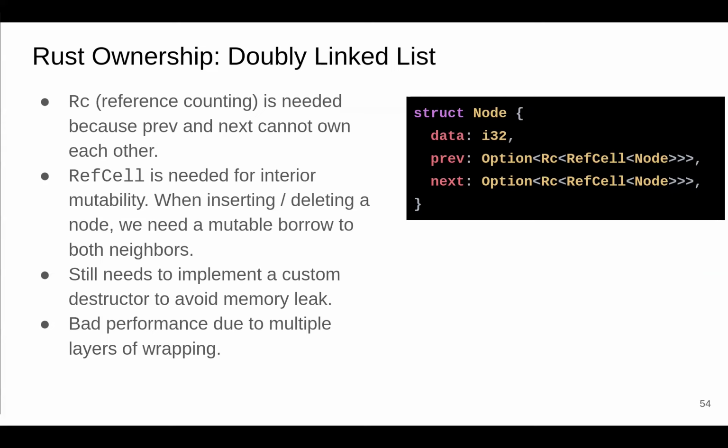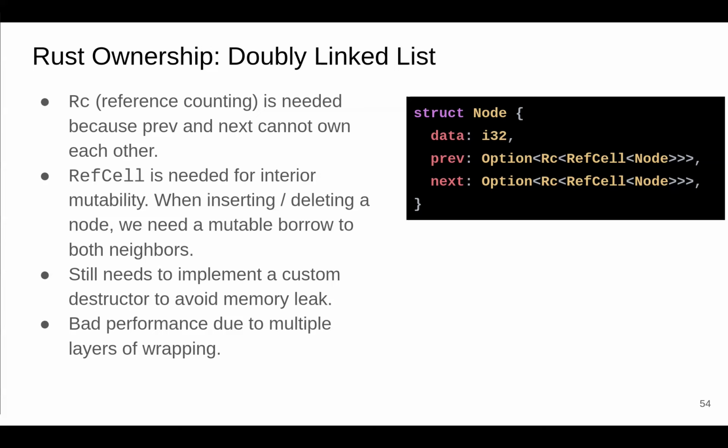Right, so instead we'll have to use reference counting, which is called Rc, to figure out the different targets. We again use Option because the first and last don't have previous or later nodes. And RefCell is needed for interior mutability for inserting or deleting nodes.